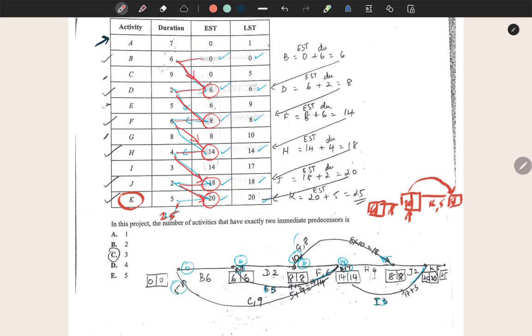So all these activities are the ones that will be on the critical path, because clearly we can see over here that the earliest start time and latest start time are all the same.